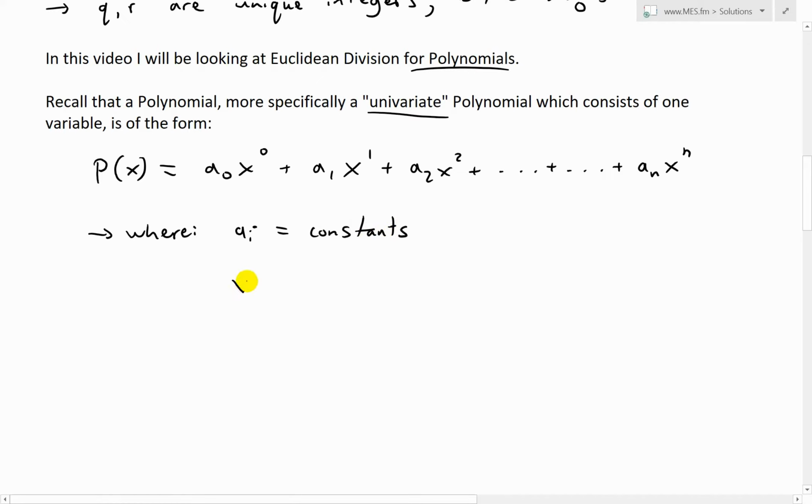And we also have x^i, where i is a positive integer: 0, 1, 2, 3 all the way to n. Otherwise, if it's a negative power, we don't get a polynomial.